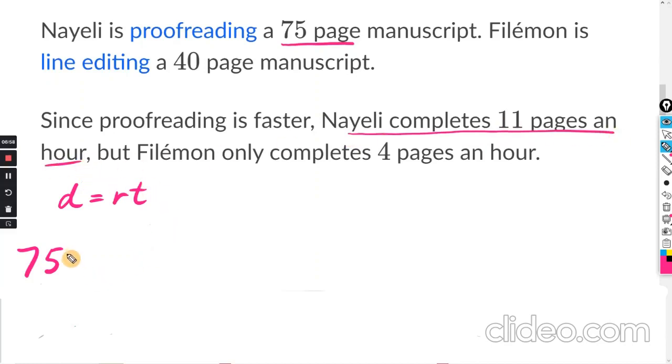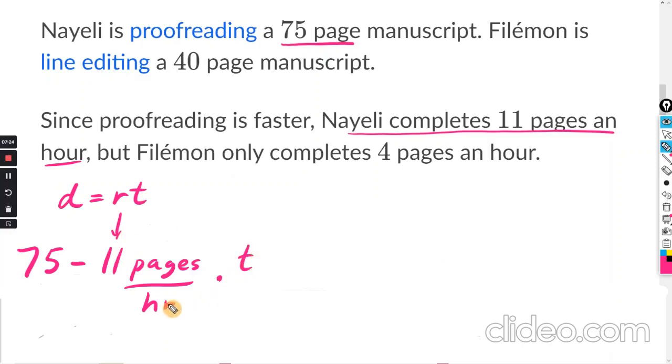Alright, so she starts with 75, and every hour that decreases by 11 pages. So we're going to subtract 11 pages per hour. Okay, and that is the rate, and it's going to have to be multiplied by t.